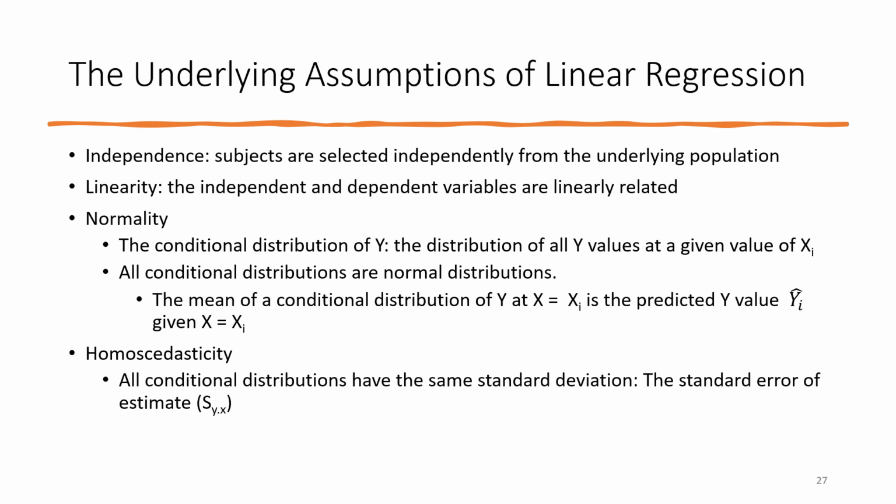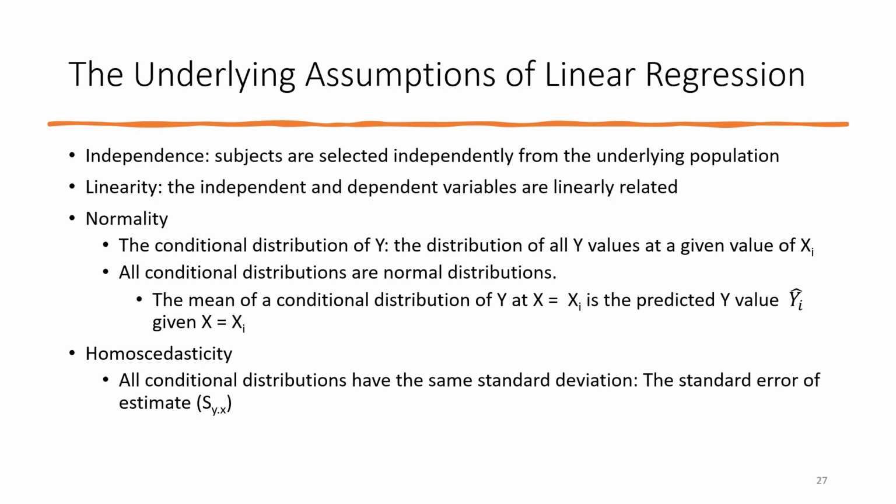Imagine that in a large sample, there are 30 students who scored 70 on test 1, but their scores vary on test 2. The distribution of their test 2 scores is called the conditional distribution of y given x equals 70.